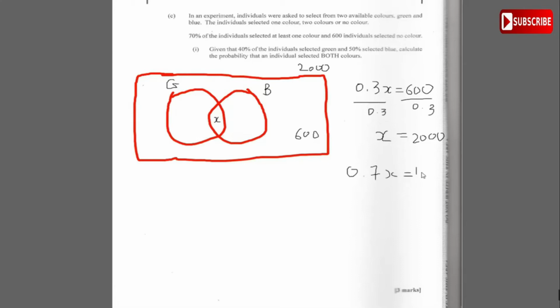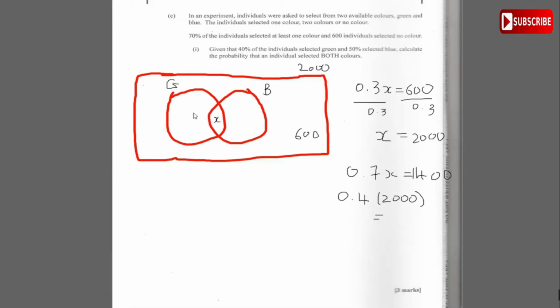Now the next thing it tells us is that 40% selected green and 50% selected blue, meaning 40% of the total population, so 0.4 of 2000 selected green. 0.4 times 2000 is 800.